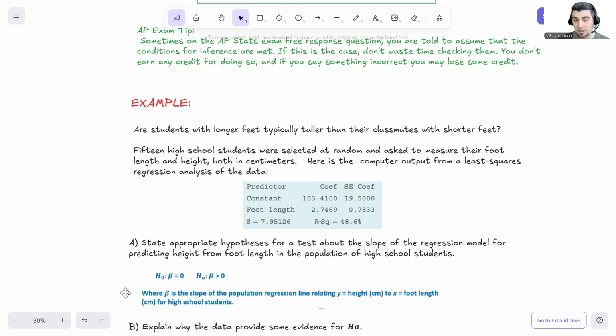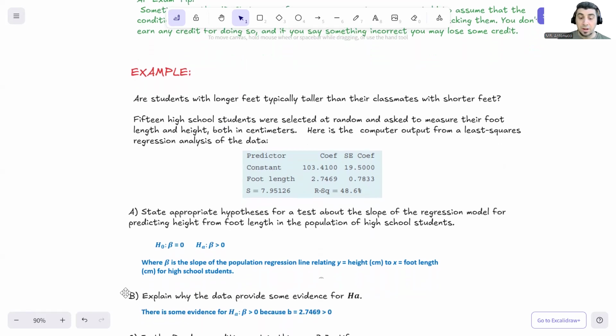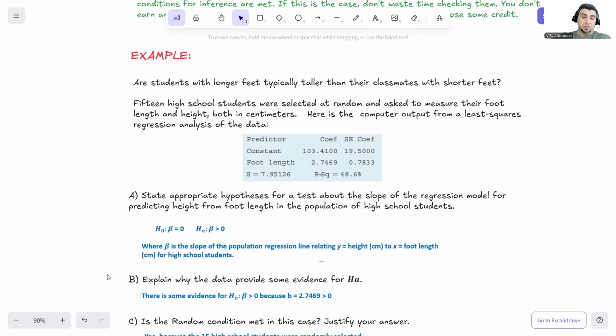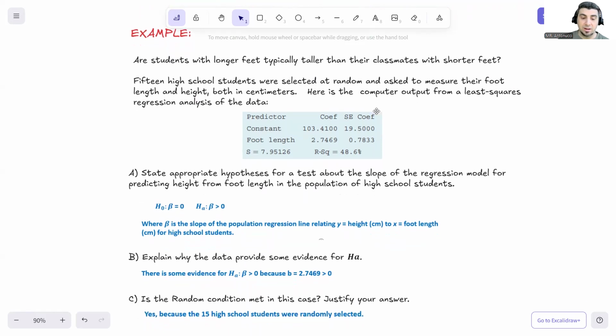Now, we haven't shown that it's convincing evidence, but there is some evidence for the alternative because from the computer output least squares regression analysis, we do have some evidence because b, the slope for foot length, is 2.7469, which is greater than 0. Now, we want to know, is the random condition met in this case? Yes, because the 15 high school students were selected at random.